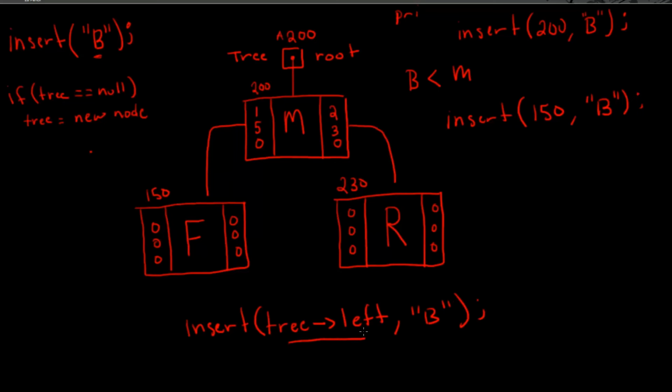This tree left is the same thing as 150, because there's a node at 150 that's left of m.